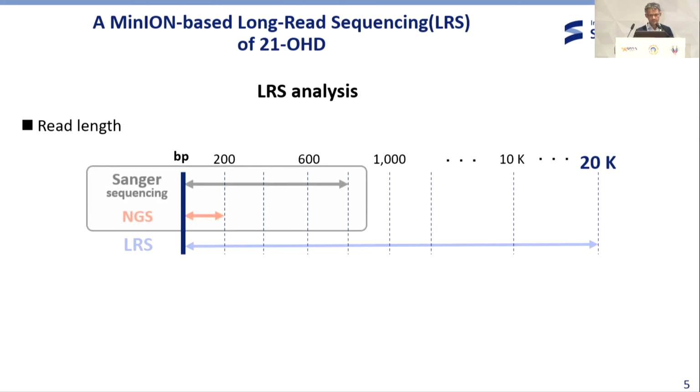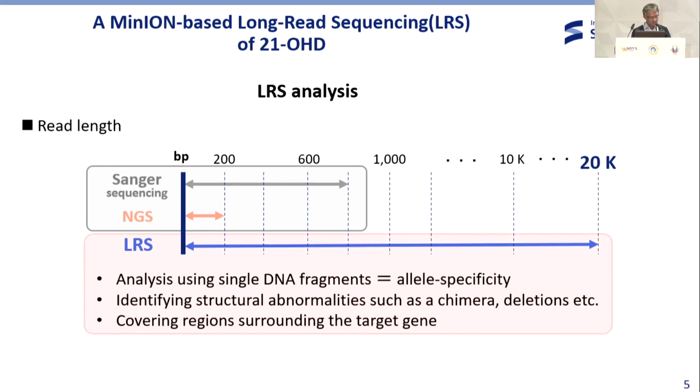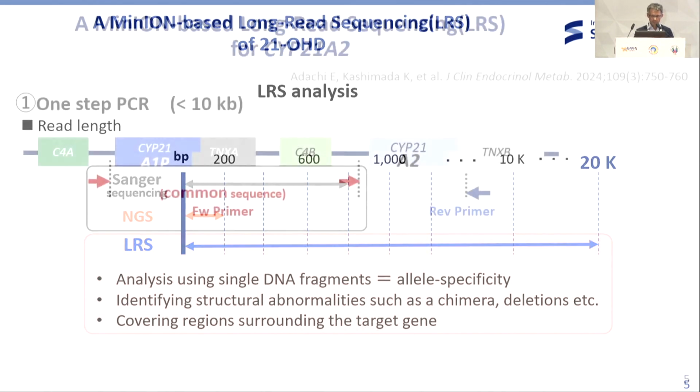Using this technique, we can read more than 20 kilobases in a single assay, so it gives us allele-specific information, and we can identify structural abnormalities such as chimeras and deletions, also covering the region surrounding the target gene. So it's quite a nice technique.